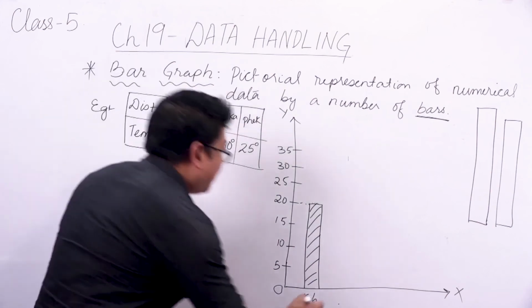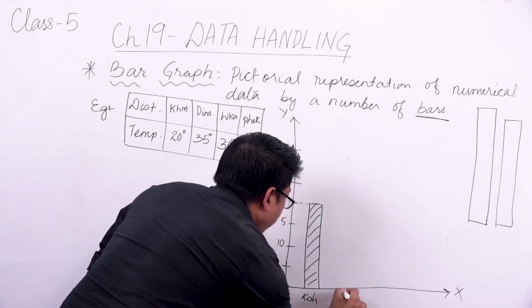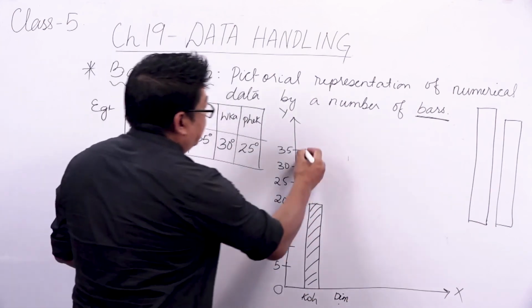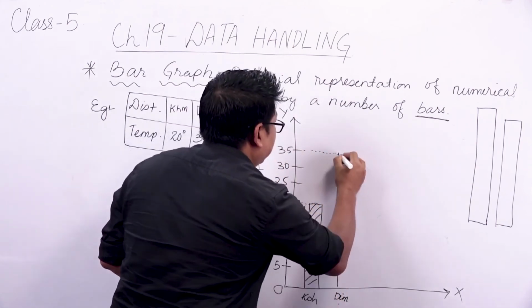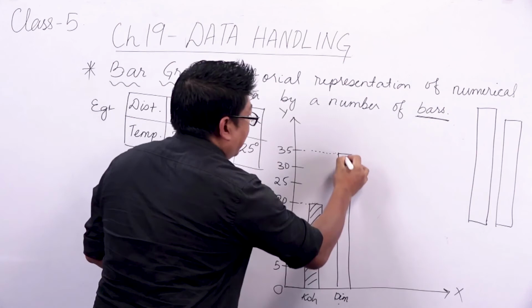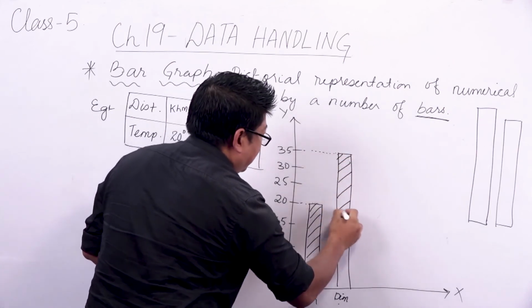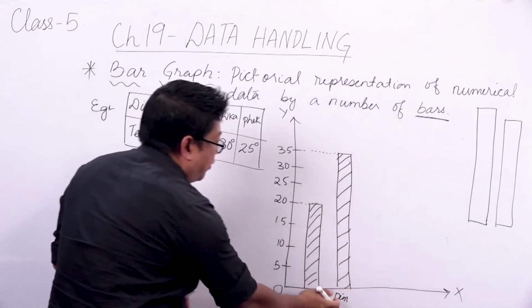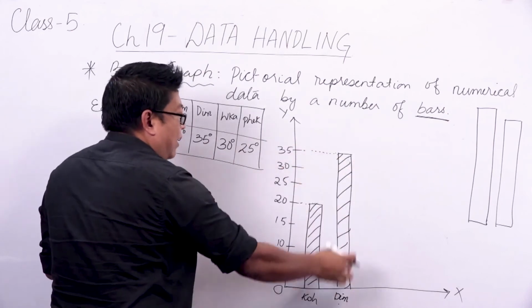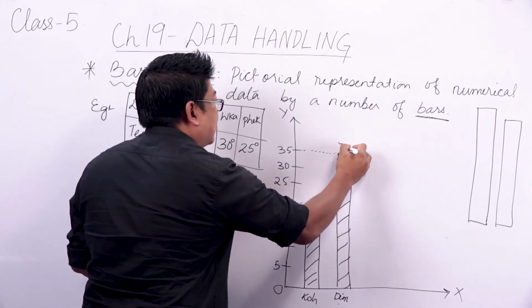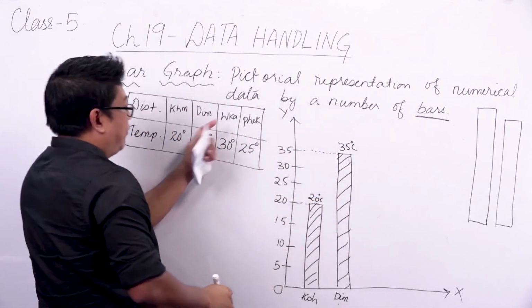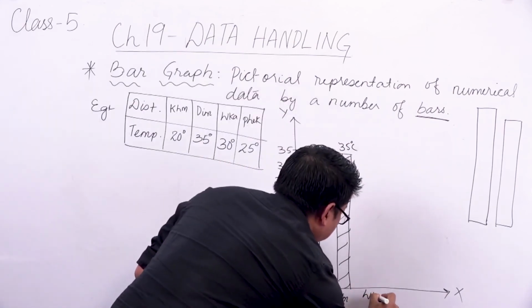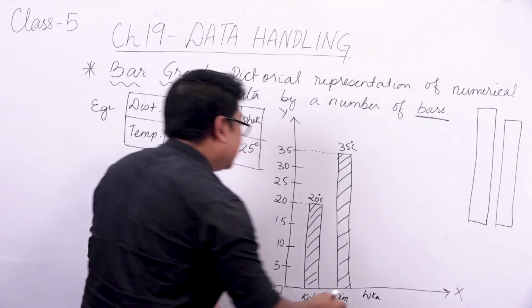The next is Dimapur. Dimapur is 35. So 35 is here. So let's mark this for understanding. So we can draw another bar like this. So for Dimapur, till 35, I drew the bar and I have marked it. Let's just say this is 35 degrees, 20 degrees. And then for Wokha, 30.